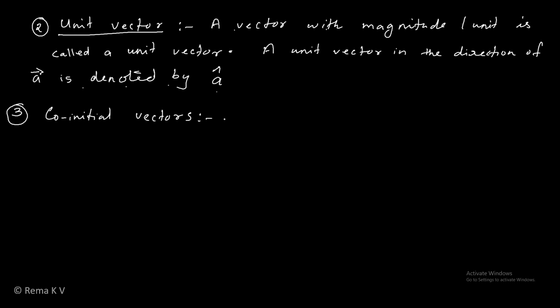Can you define this? Zero vector means a vector having magnitude 0, that is, initial point and terminal point coincide. Unit vector means it is a vector with magnitude 1. Can you define these co-initial vectors?